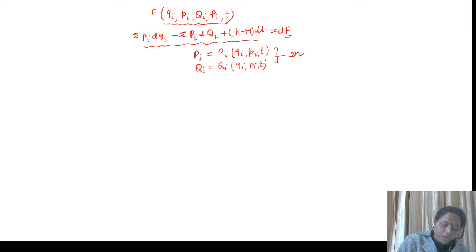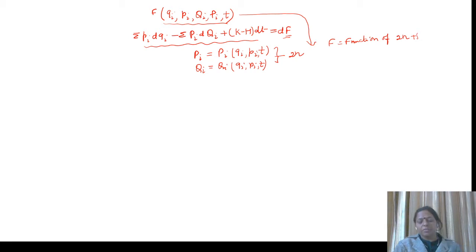So naturally your F finally is a function of 2n plus 1 variables, because you can eliminate 2n variables with the help of these equations, or you can say that 2n variables are depending upon another 2n variables. So finally it is a function of 2n plus 1 variables.